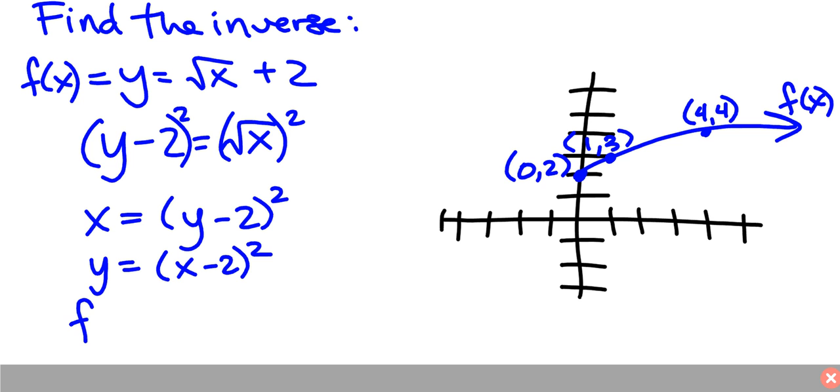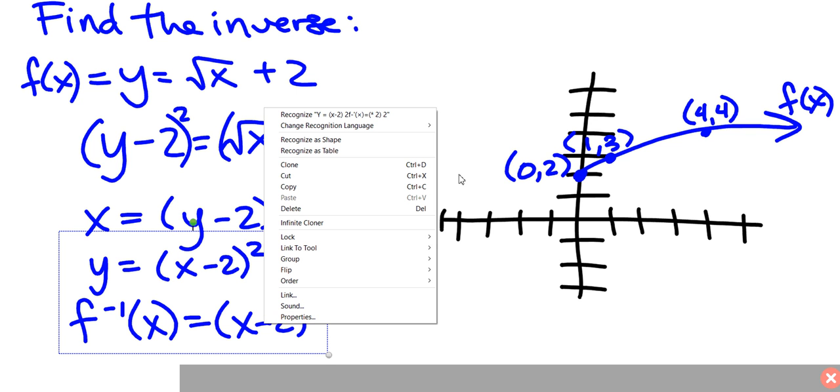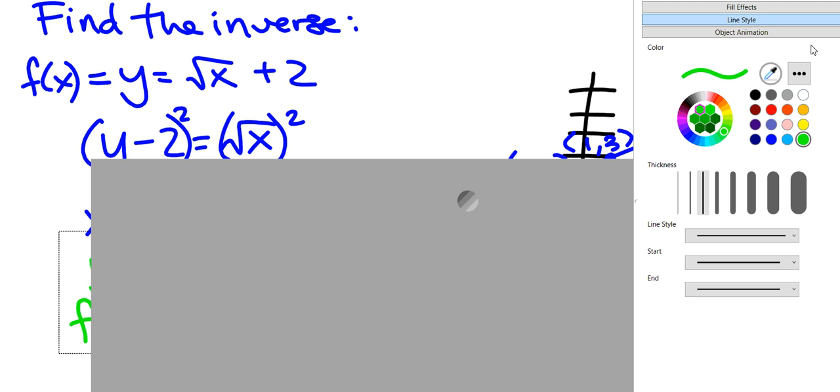And then we write it in inverse notation. Okay. So we write this in inverse notation, and then I'm going to switch colors so that you can differentiate between the graphs. So I'm going to graph f inverse of x in green.